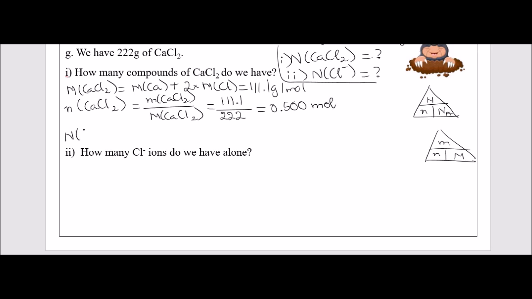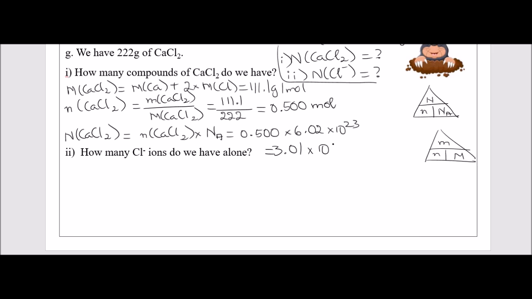Okay, we need the number of CaCl2, so I need the number of mole multiplied with Avogadro's number, so we have 0.500 times 6.02 times 10 to the 23, which is 3.01 times 10 to the 23 compounds, I guess.